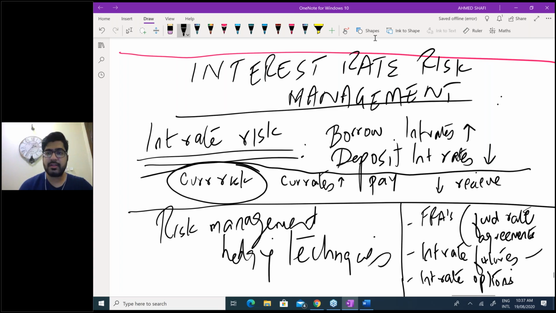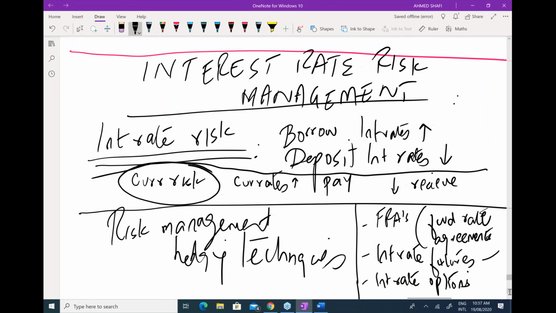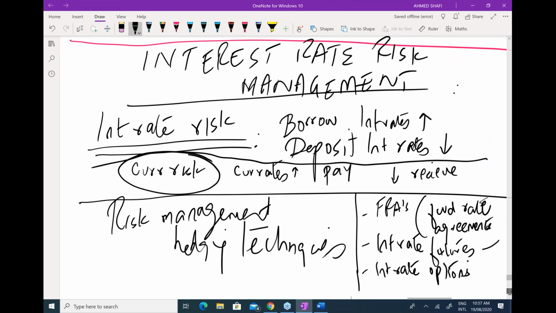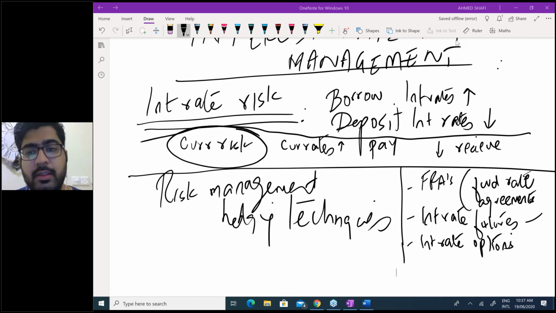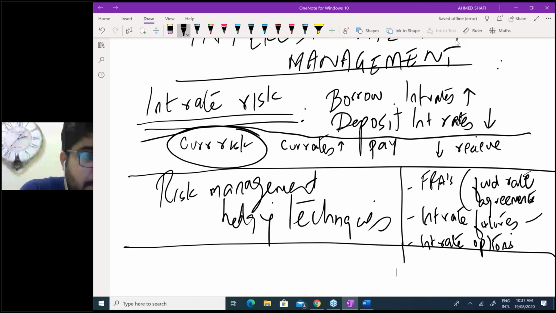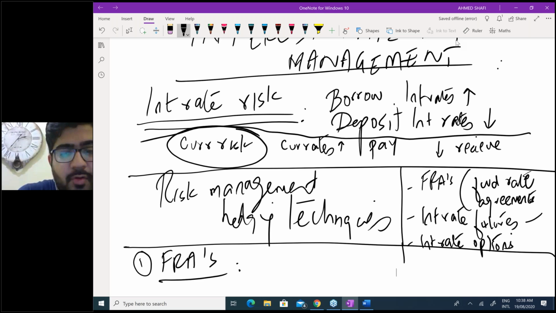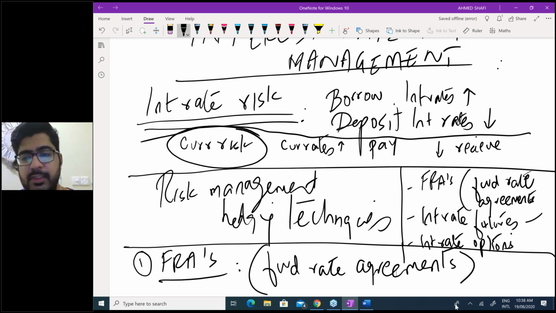Okay, so let's start. To minimize or manage interest rate risk, there are three techniques called FRAs, interest rate futures, and interest rate options. Okay, let's start. FRAs. Now, FRAs stand for forward rate agreements.